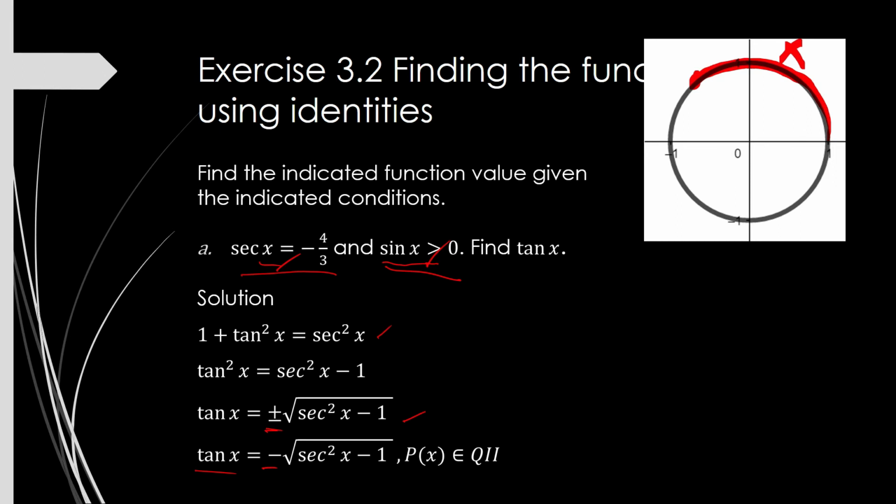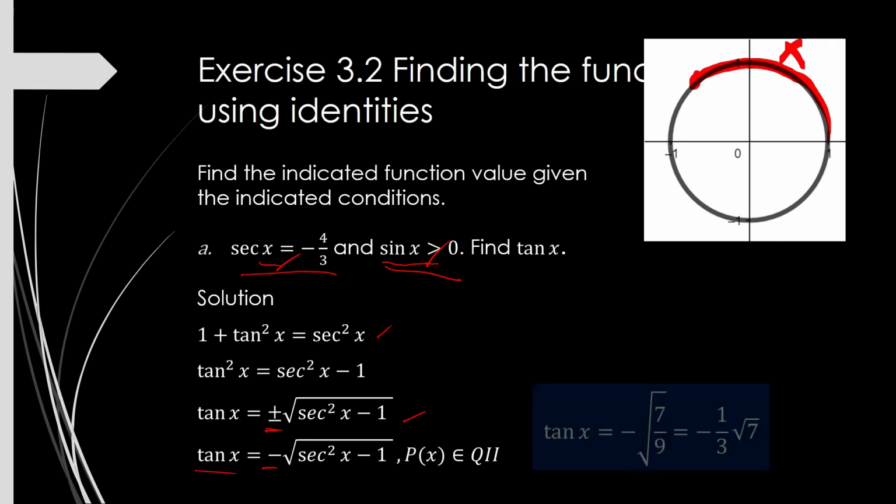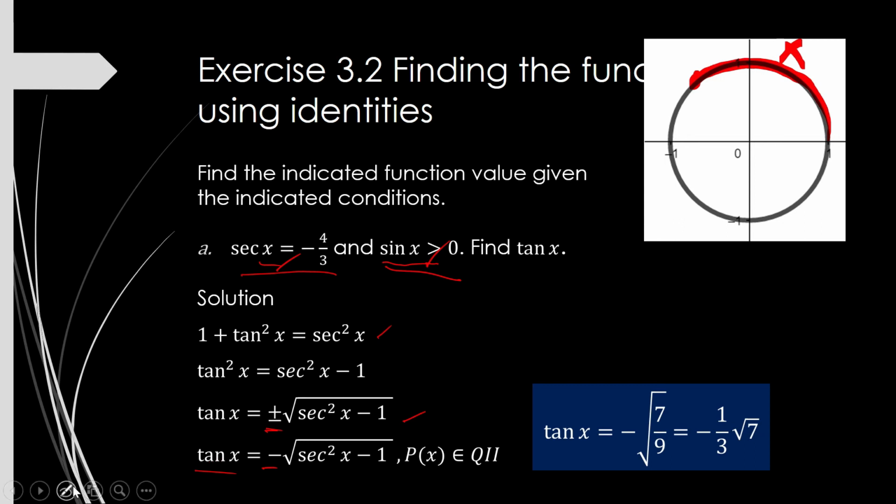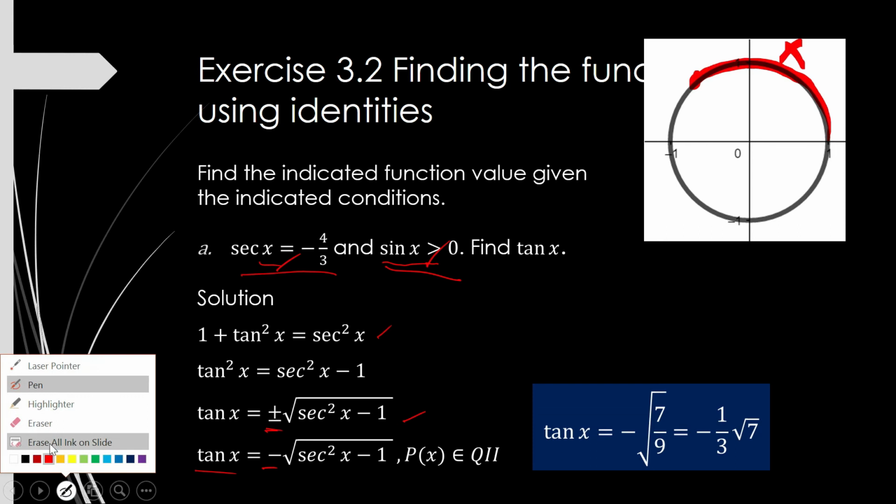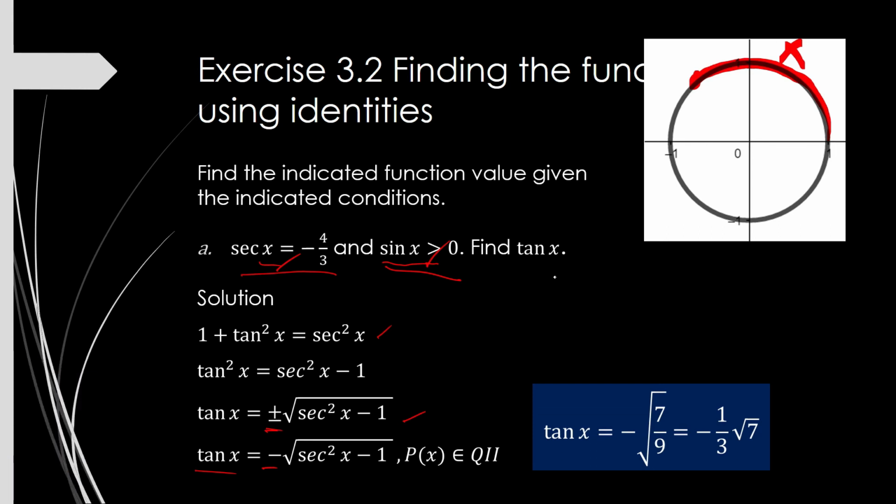And then after that, we will just substitute. So let us show how tangent of x came to be negative 1/3 times square root of 7. So this is like an exercise in simplifying fractions and getting square roots.